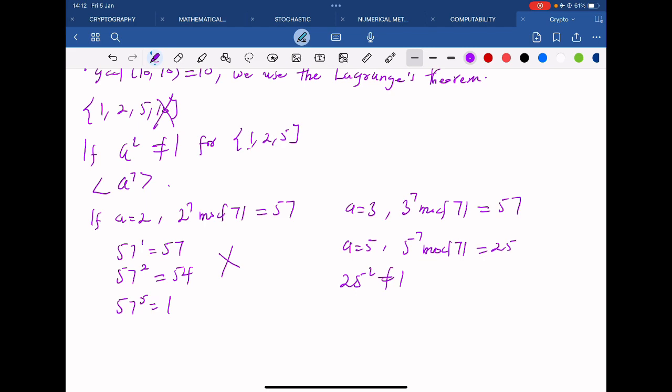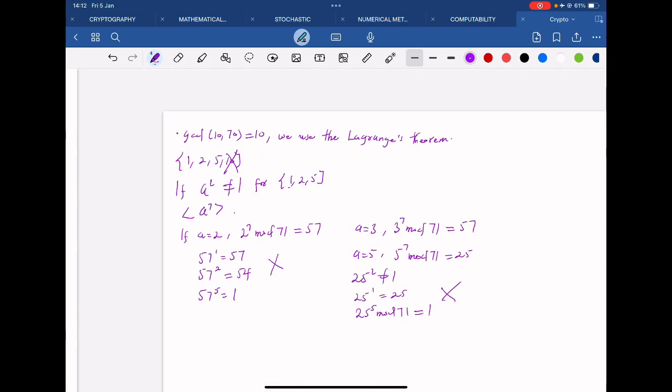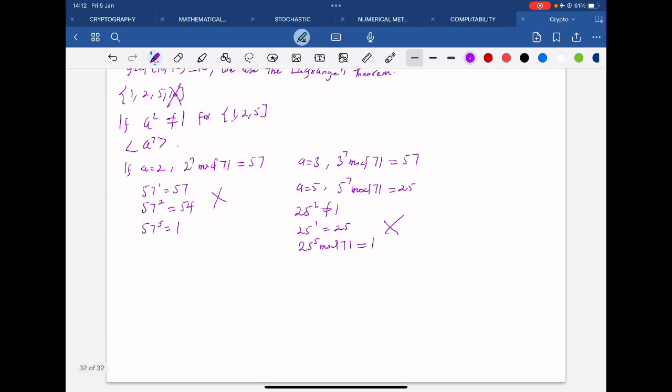So 25 exponent 1 is equal to 25, okay? But we know that 25 exponent 5 modulo 71 will give us 1. So meaning that for A is equal to 5, this will also not satisfy. You see how it is?